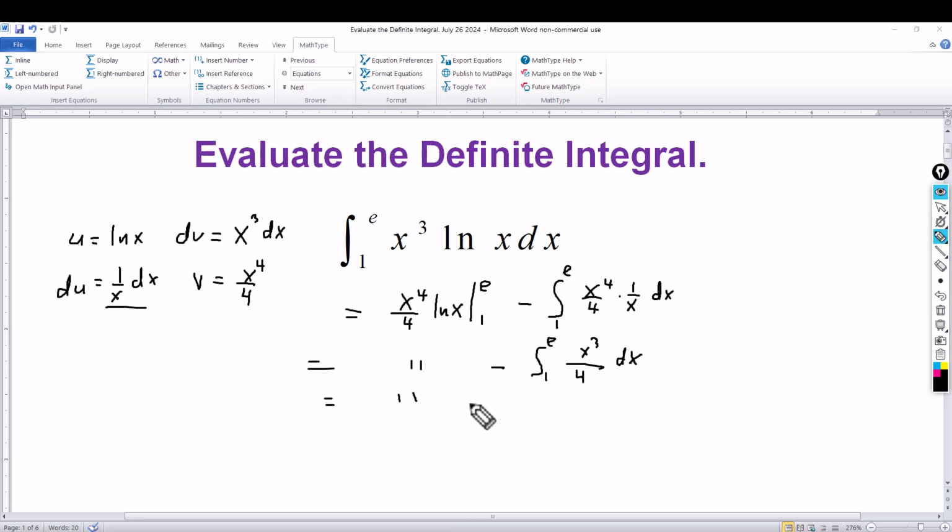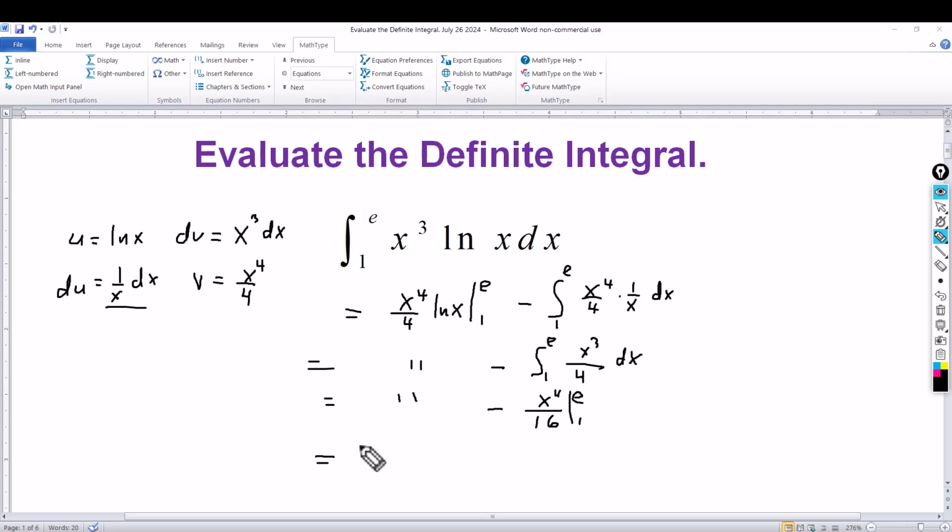And now I'm going to integrate this one. So I add 1 to the exponent, that's 4, and then divide by 4. So it'll be minus x to the fourth, and the 4 comes over, so it'll be 16 here. And then I put the limits of integration right here, from 1 to e.